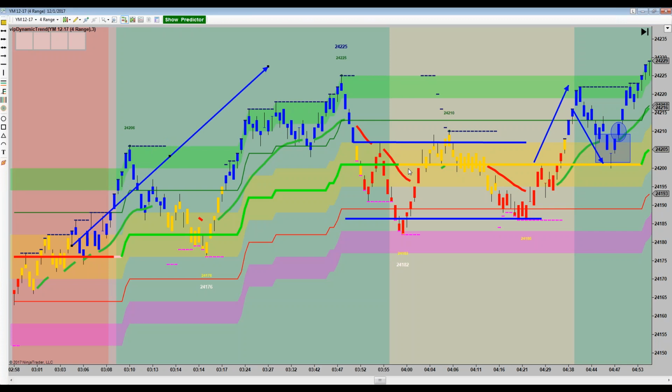Now, here's why this is important. A lot of people say, well, do I have to know if it's long or short? Can't I just turn both sides of the box on and see what it does? Here's the issue. In some cases you can get trapped in this, so you need to know what to do. Let's suppose the market came down here and actually closed below this box, but never really broke down to this level here.